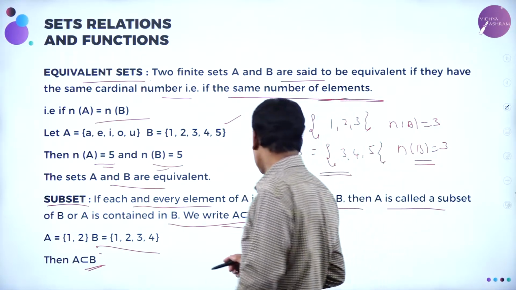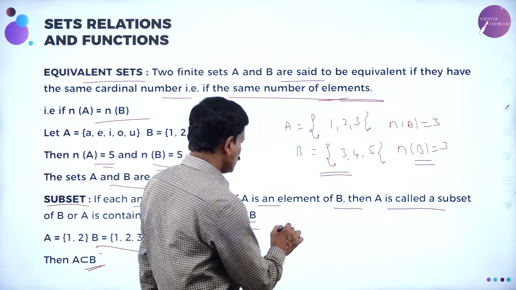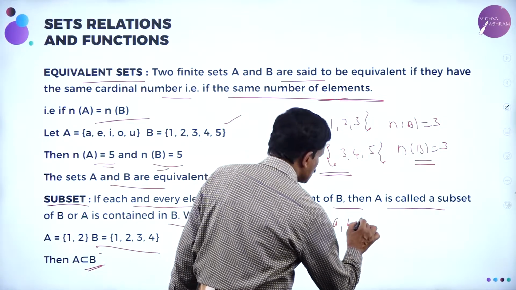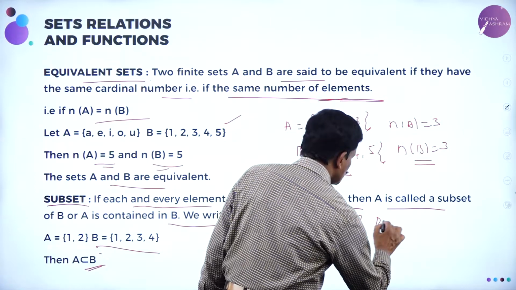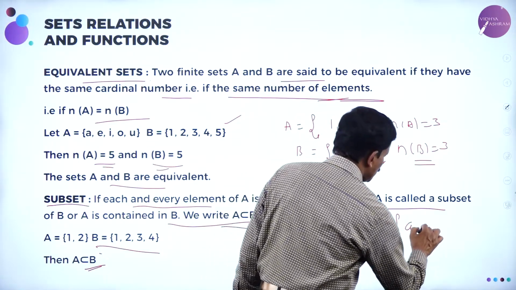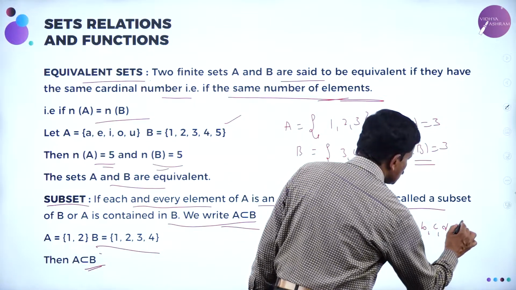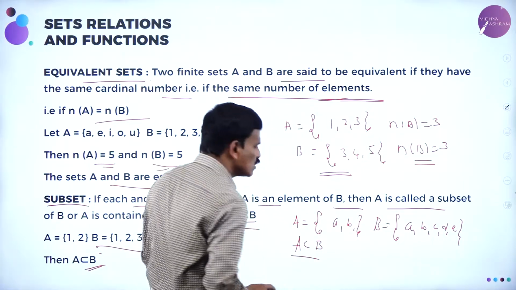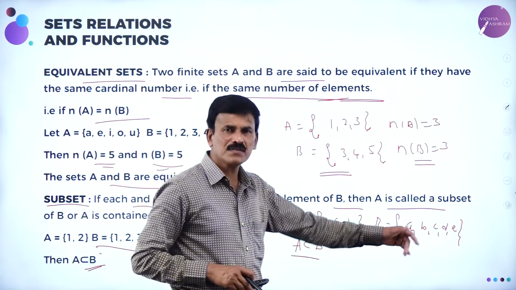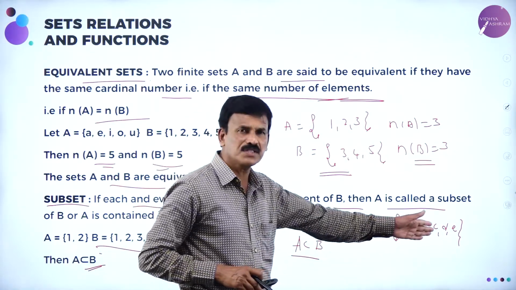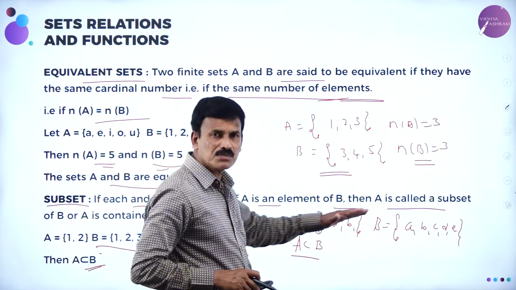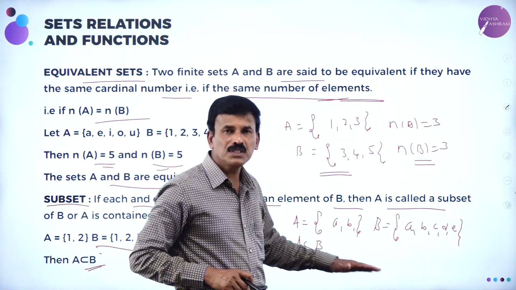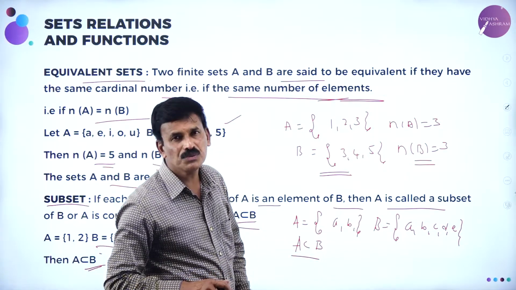Now, take one more example. If A is equal to {a, b} and B is equal to {a, b, c, d, e}, then A is a subset of B, because the elements of A, a and b, are elements of set B. That means all the elements of A are elements of set B, therefore A is a subset of B. Okay.